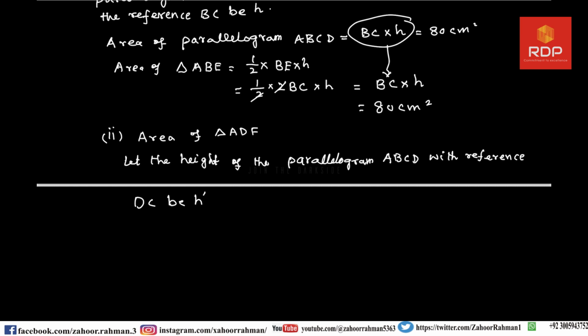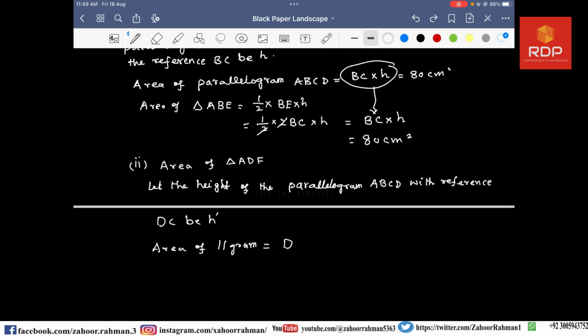Now, first of all, like in the first part, the area of the parallelogram is DC into H dash, which is given to us as 80 centimeter square.